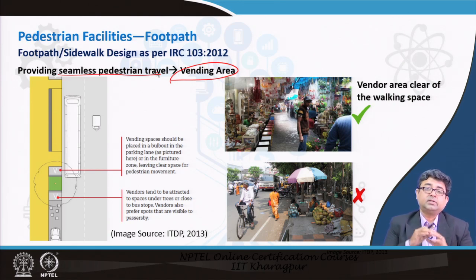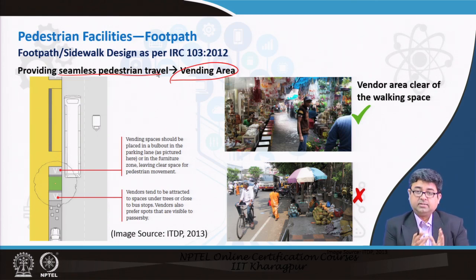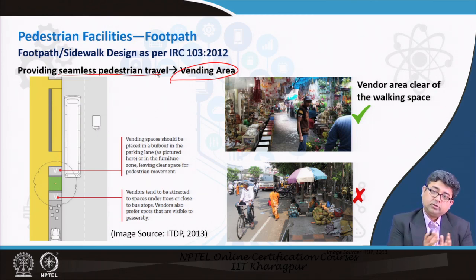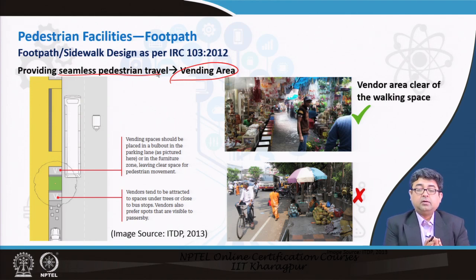Rather than making the situation complex and uncomfortable for the vendors, we should design in such a way that the vendors are also incorporated into your footpath. At the same time, there is a clear pedestrian walking zone as well, right. This sort of situation where the vendors have completely encroached is not desirable, and the pedestrians then start walking on the pavement.